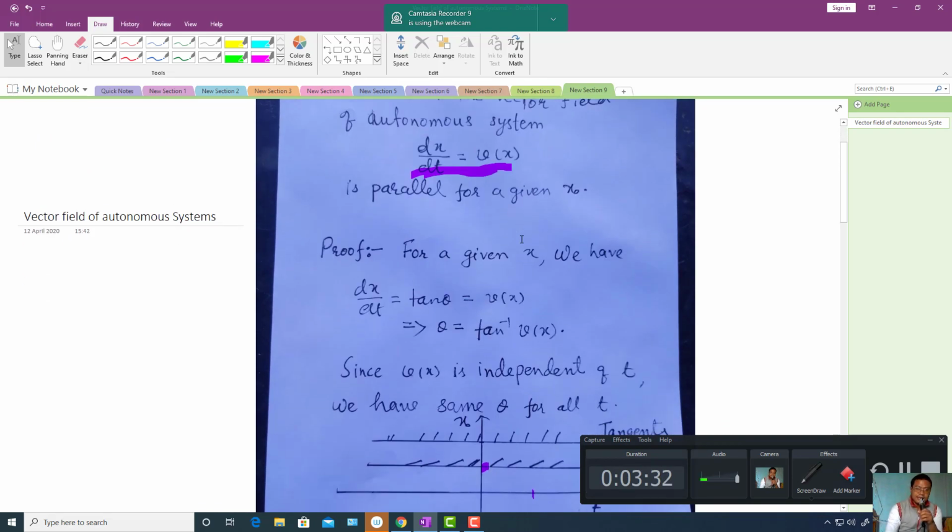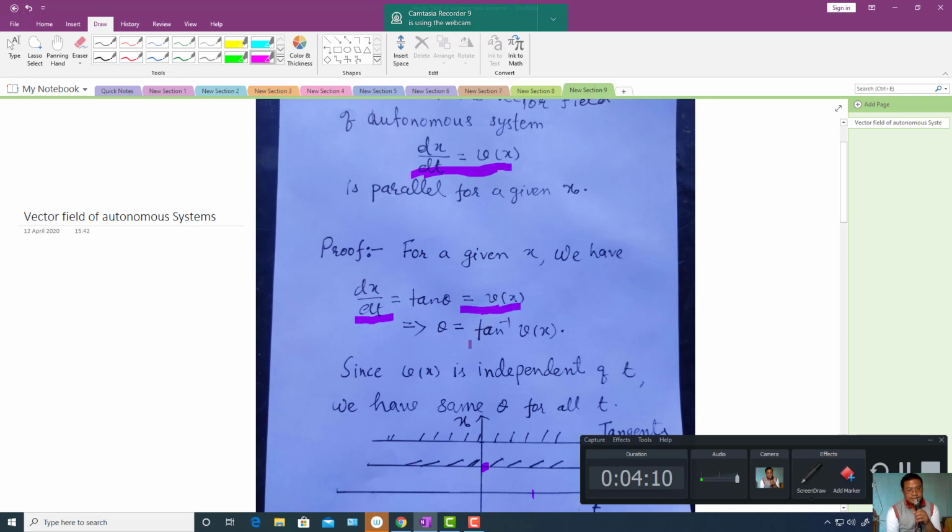So let us see how it works and prove it. For a given x we have this slope, where theta is the angle made by the line joining the origin and the point to the x-axis. Tan theta is dx by dt, which is called the slope, and it is equal to f(x).